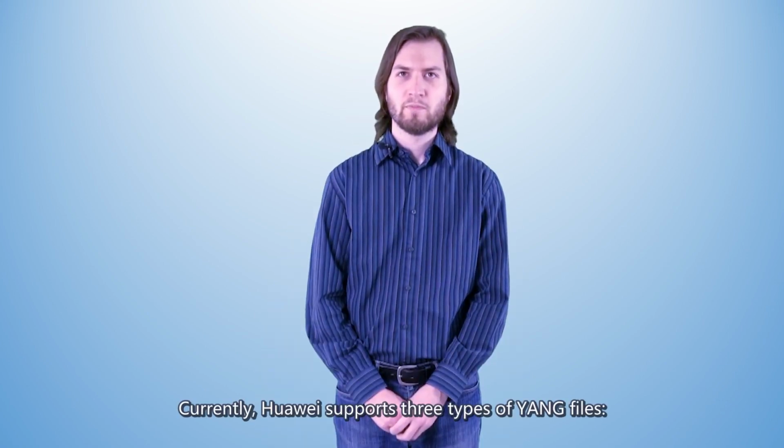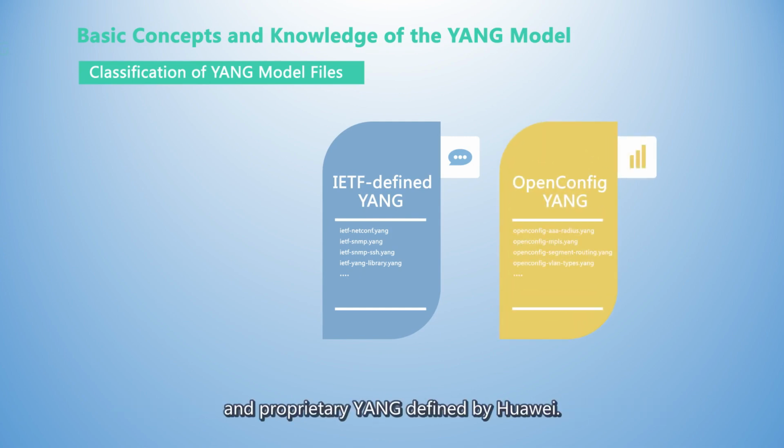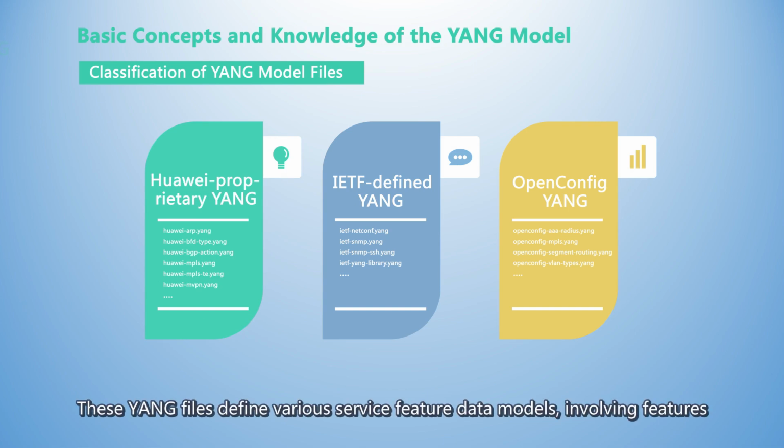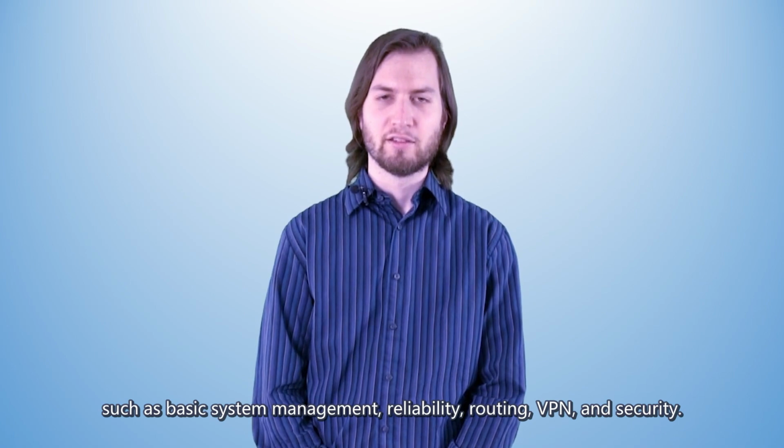Currently, Huawei supports 3 types of YANG files: standard YANG released by IETF, OC YANG released by OpenConfig, and proprietary YANG defined by Huawei. These YANG files define various service-featured data models involving features such as basic system management, reliability, routing, VPN, and security.